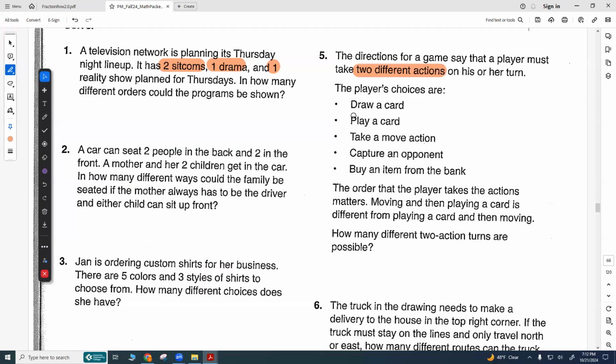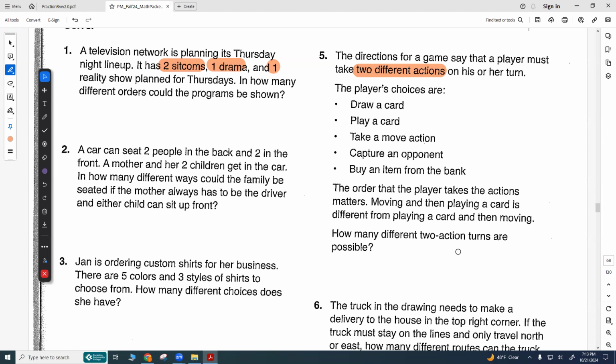So we have to take 2 actions and we have 5 choices of actions, and we can't take the same action twice. The order that the player takes the actions matters. Moving and then playing a card is different from playing a card and then moving.